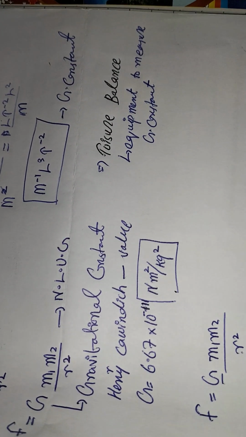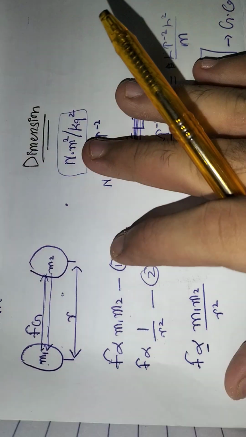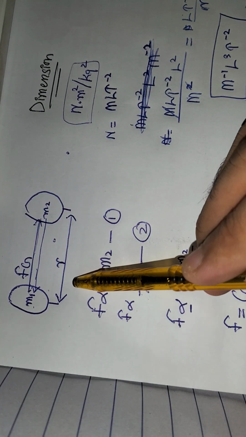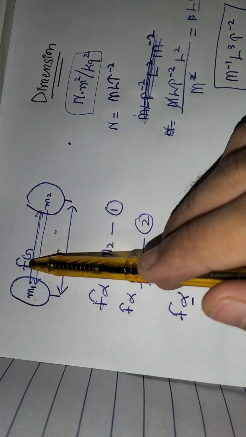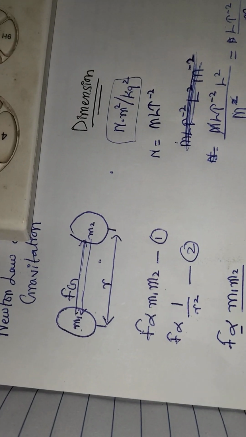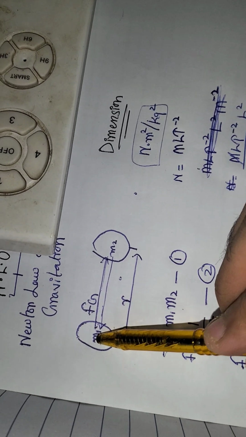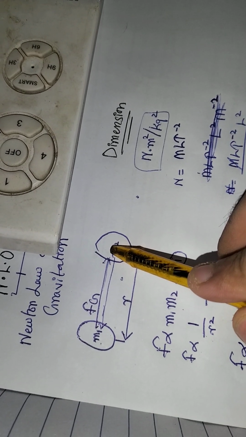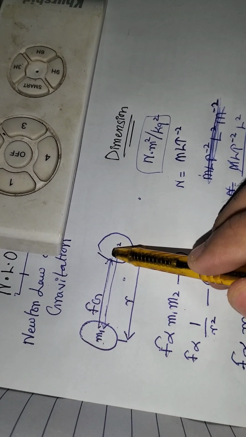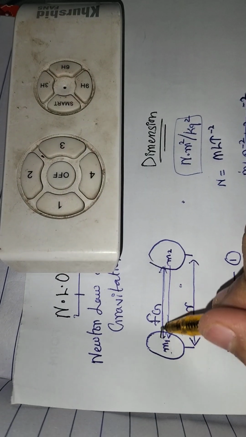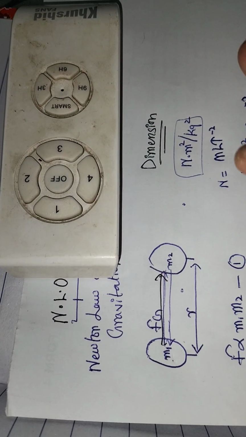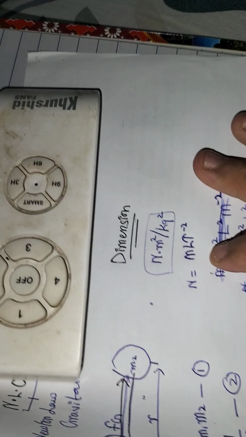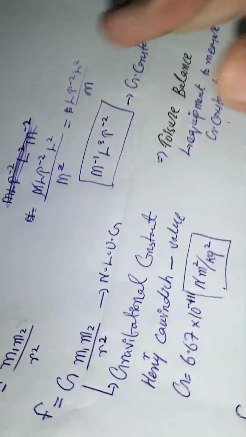One more thing to discuss here is that we have two objects, m1 and m2, at distance r, and the force between m1 and m2 is called the gravitational force. The force applied from m1 to m2, the same magnitude of force will come from m2 to m1.